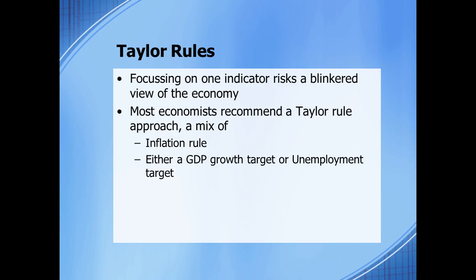Most economists recommend a Taylor rule approach, which is a mixture of an inflation rule, so wanting to see steady or controlled inflation in the economy, plus some other rule which controls either the government or central bank, and it's usually either a GDP growth rate or an unemployment target, and how it's controlled.